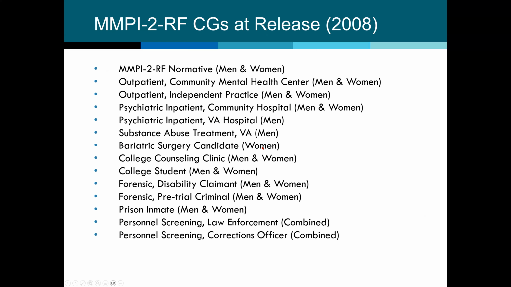We, again, at that point, when the test was released in 2008, only had data for women bariatric surgery candidates, college counseling clinics, so college students receiving services at a mental health counseling clinic at universities or undergraduate institutions.